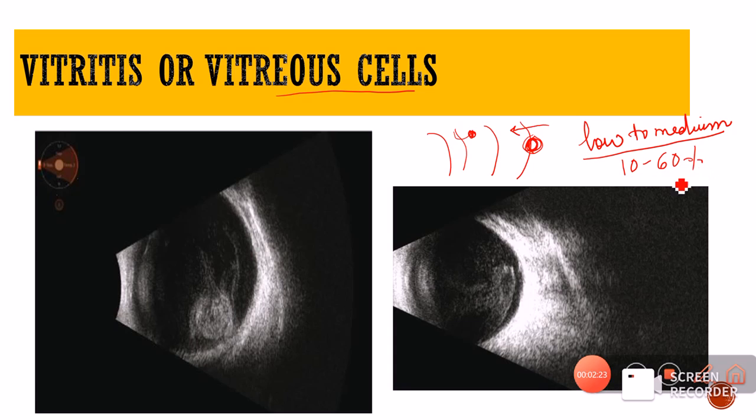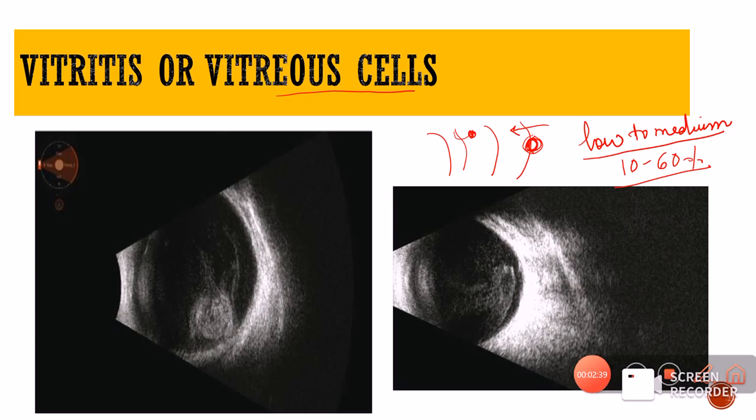Whatever it is, differentiating it from the vitreous hemorrhage depends upon the history and the clinical picture. If a patient has signs and symptoms of uveitis and has more pain, we have to think in terms of vitritis or vitreous cells, right?